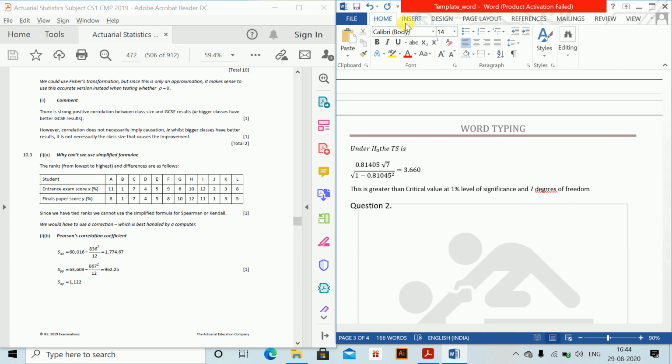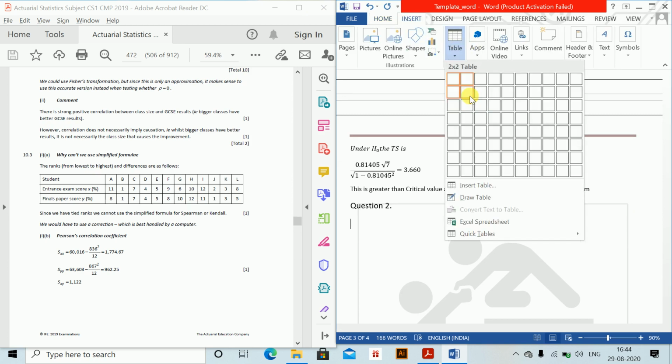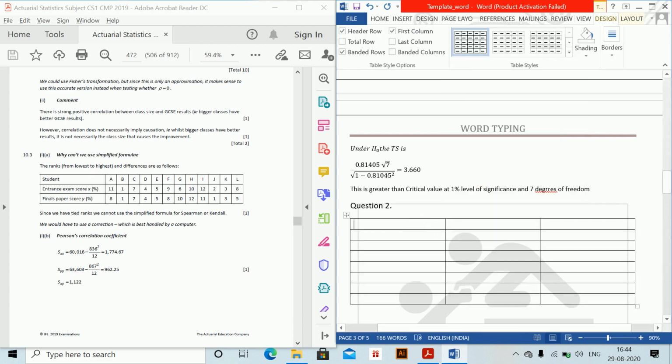So again insert a table, 3 columns and any number of rows you need; by tab you can enter.